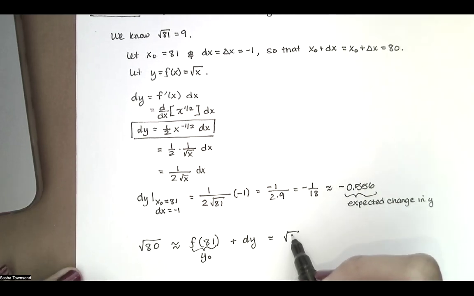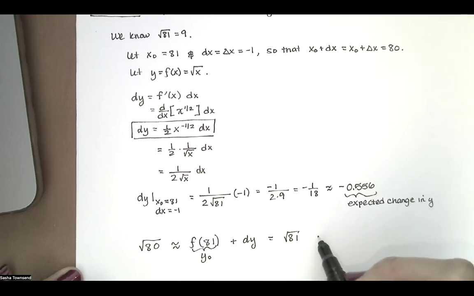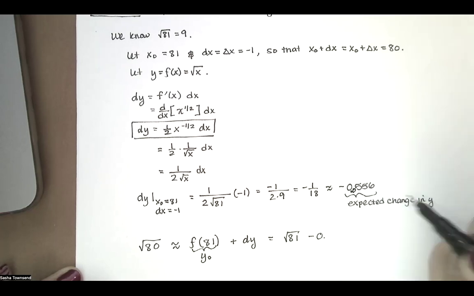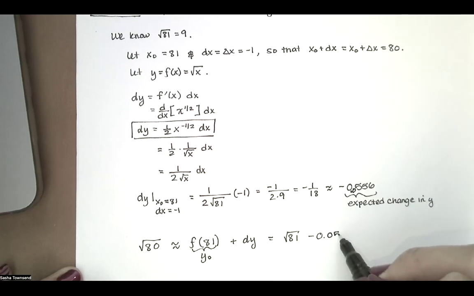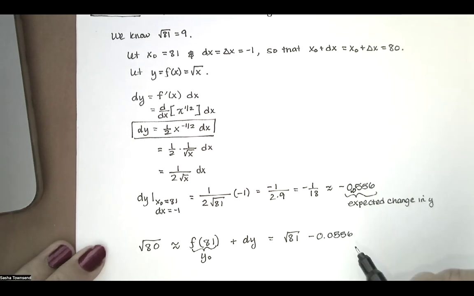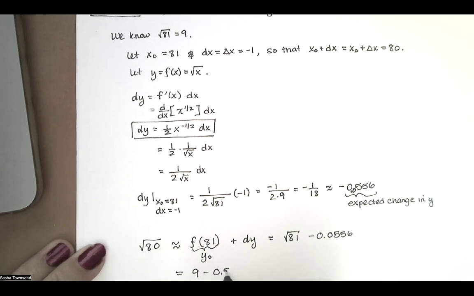So we'll have the square root of 81 plus the change. I think I missed a decimal point. There's supposed to be a 0 there. Let me look at my calculator again. Yep, there's a 0 there. So we've got 9 minus that value. Keep missing that 0.